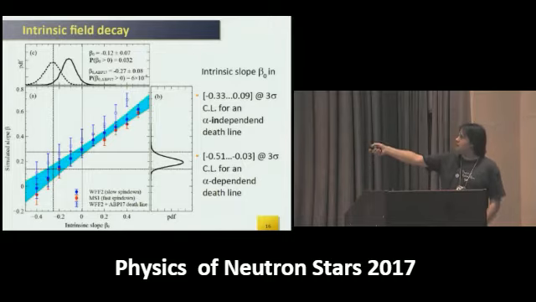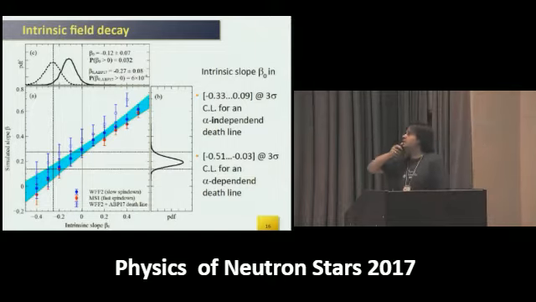So this is the observed slope, the observed posterior distribution, and this is the reconstructed posterior distribution for the intrinsic slope for alpha-independent death line and alpha-dependent death line. These distributions are quite wide and mostly shifted to the negative side. Negative values of beta mean that the magnetic fields grow, not decay.